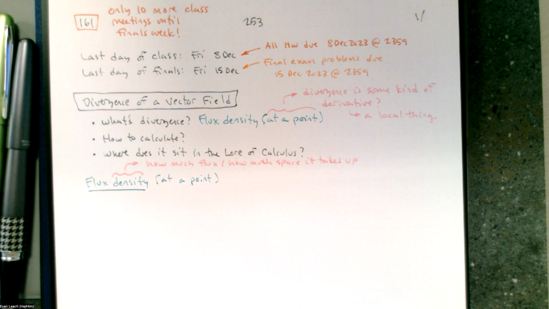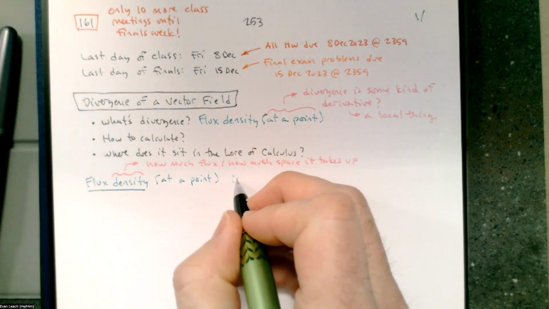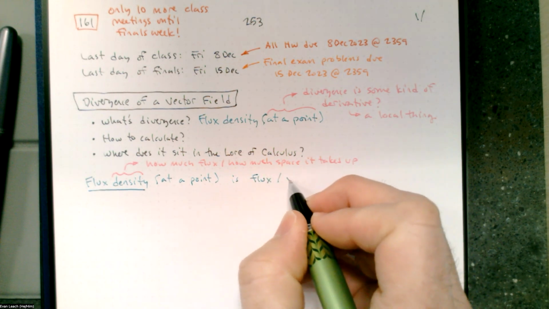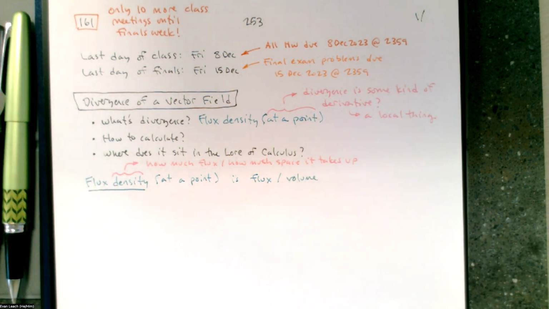So this is going to be flux divided by volume. Because we're in R3.